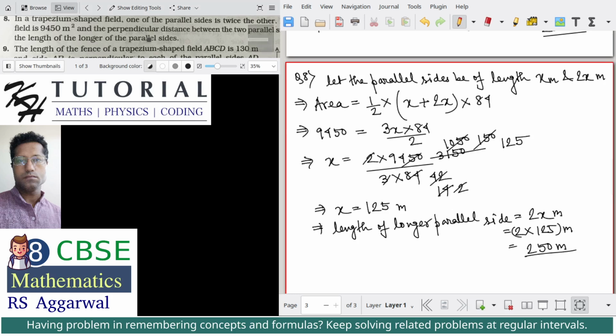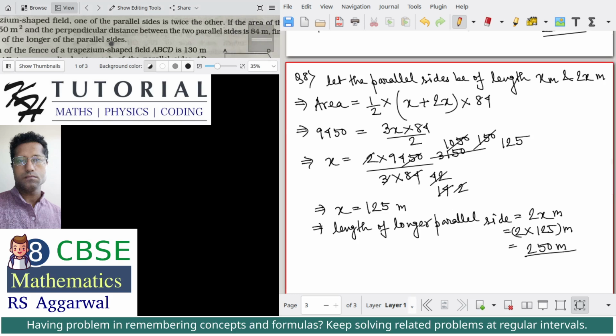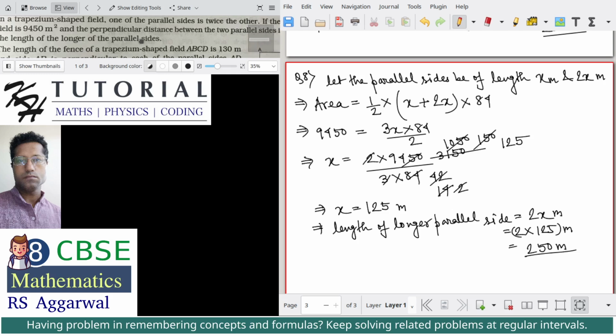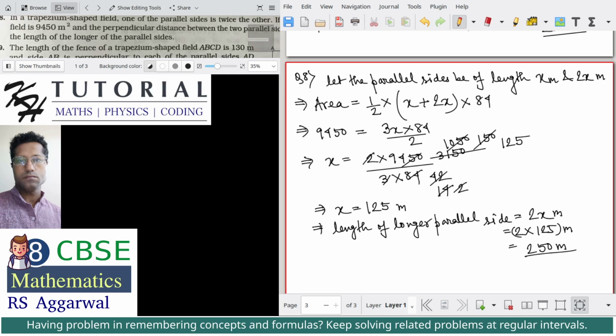In a trapezium field, one of the parallel sides is twice the other. If the area of the field is 9450, the height is 84. Okay. X plus twice x, 3x, 84. I will quickly use the calculator to see the value of x.